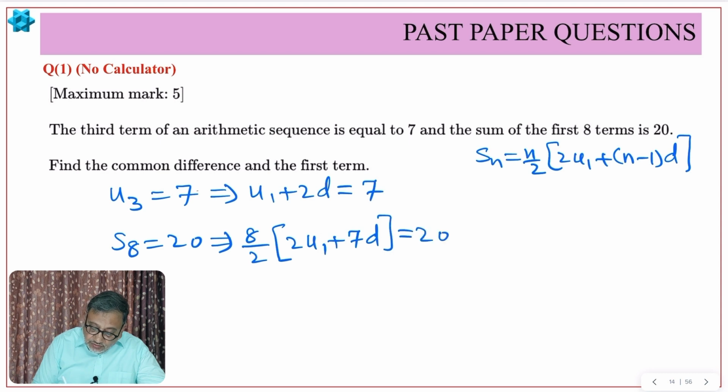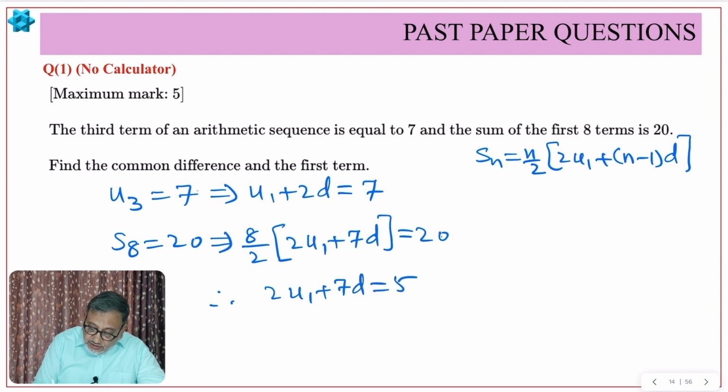Okay, so we will simplify this. 8 by 2 is 4, and 4 will divide 20 to give 5. Okay, so 2U1 plus 7D is 5.